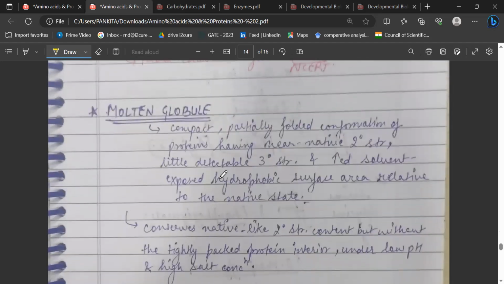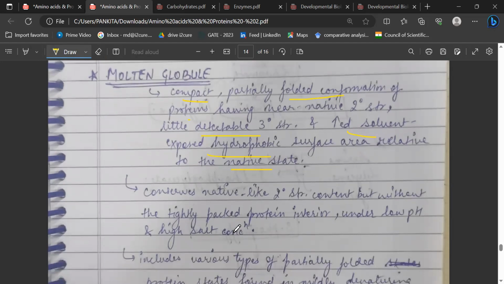Molten globule is basically a compact, partially folded conformation of proteins which have near-native secondary structure, and they have little detectable tertiary structure. They have increased solvent-exposed hydrophobic surface area relative to the native structure. The molten globule contains native-like secondary structure content.